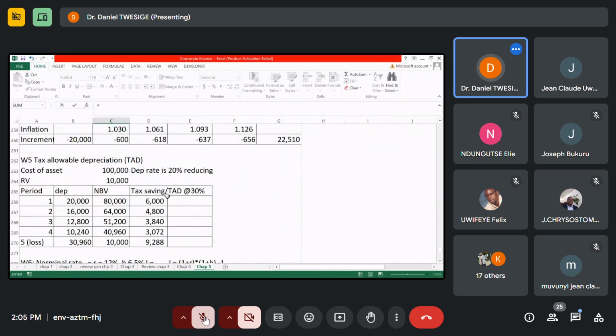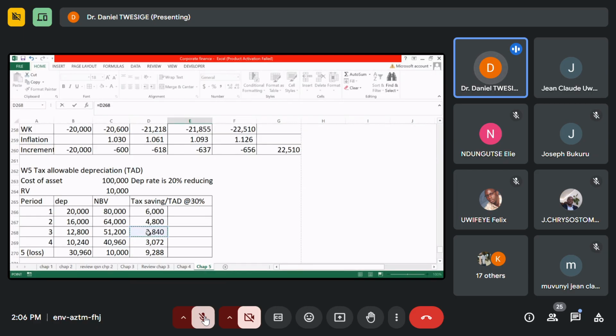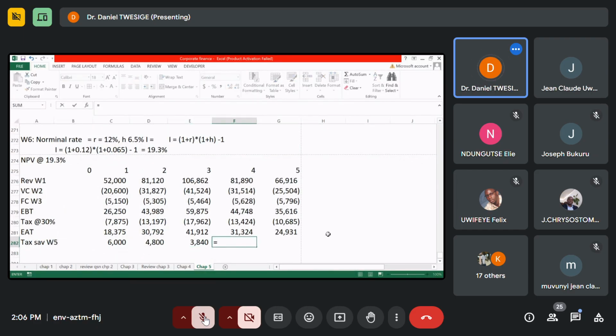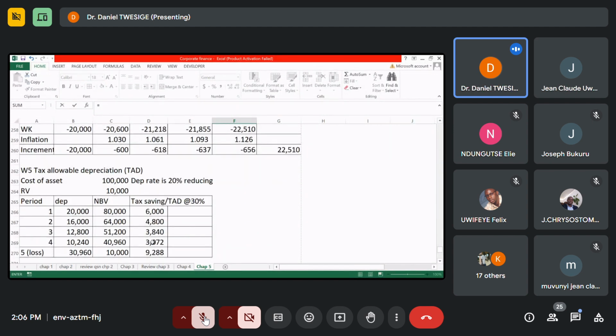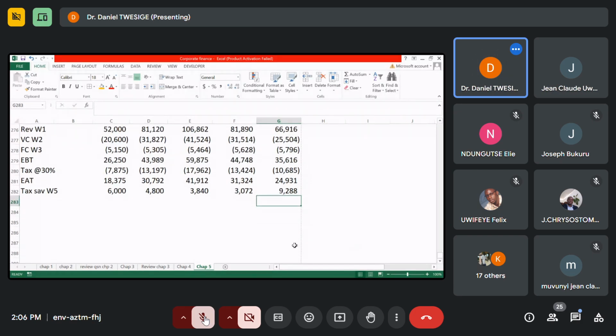So I copy this. I have this, and I have this. So my net income, or net earnings, will be these two.